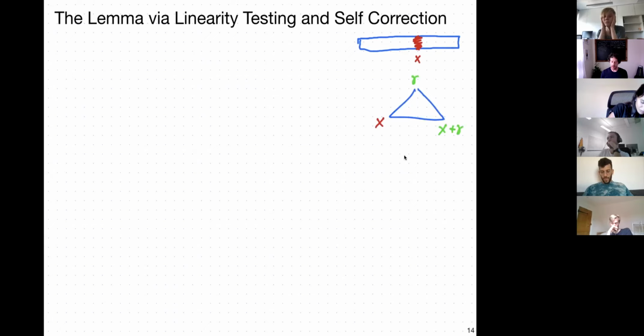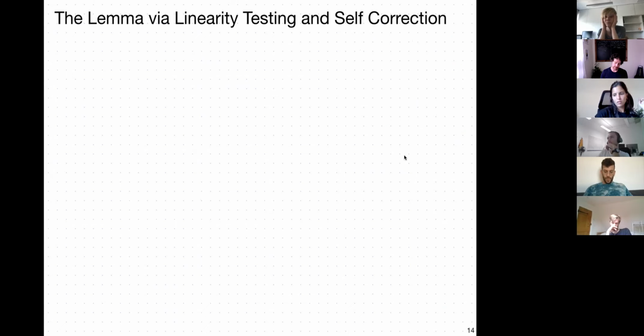So now these points, because they are random, with good probability they won't be corrupted. I hit a point here, this would be maybe r, and this would be x plus r. But using that, I can extract the value that I care about. So I can emulate these non-random queries by a random query. And that's exactly the last thing that we'll do today.